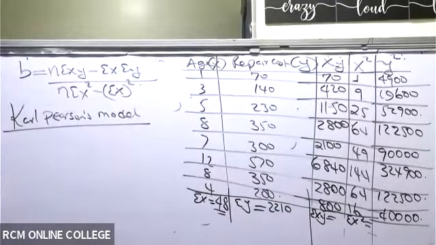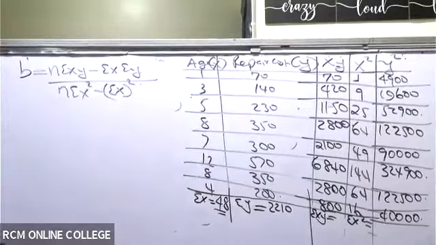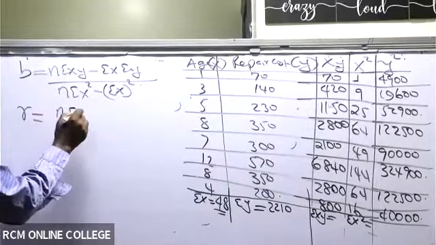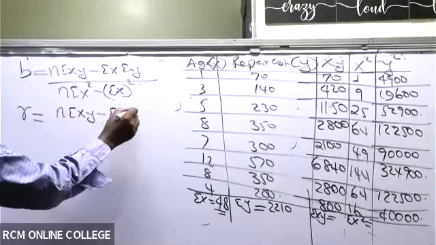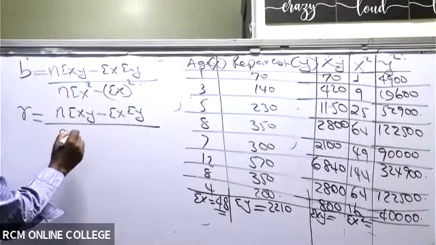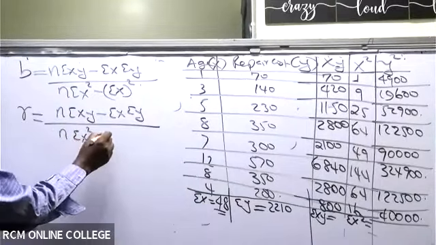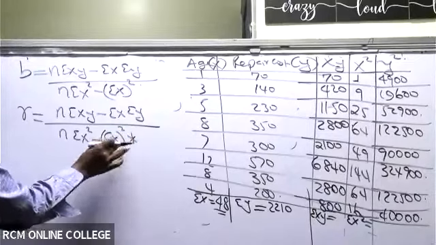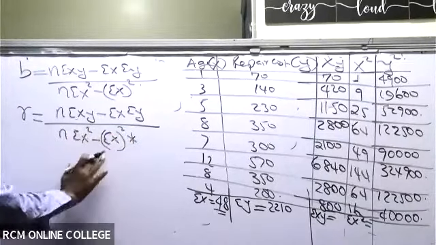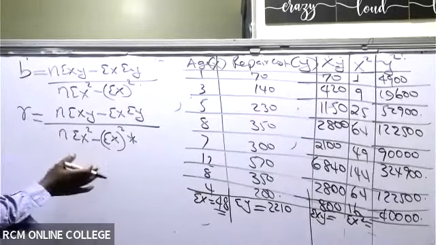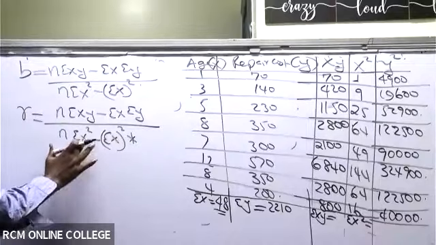That is the formula for getting B. To get our r, the numerators will be the same: n summations of xy minus summation of x, summation of y, all over n summations of x squared minus summation of x squared, times the same style, but now we replace with y, because you are correlating two.